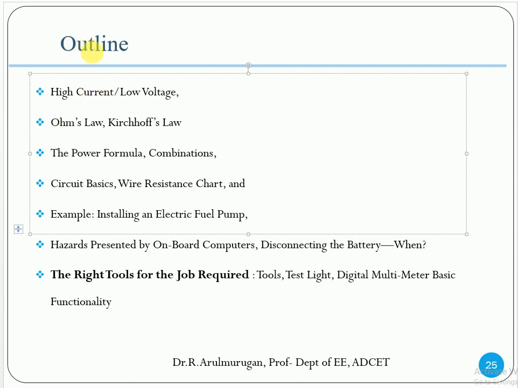The next one is low voltage. What are the reasons for low voltage? The power is transferred more than 1000 kilometers away, from the generating station to the distribution stations. It's a long distance over which power is transferred. That is the reason.